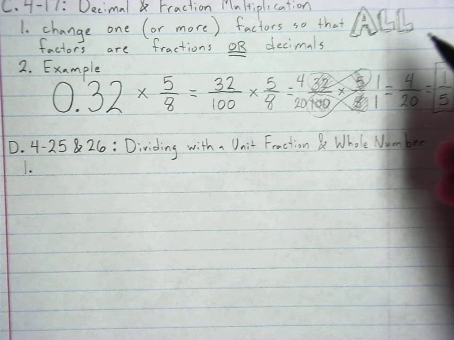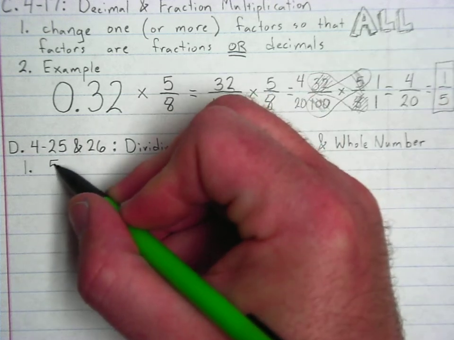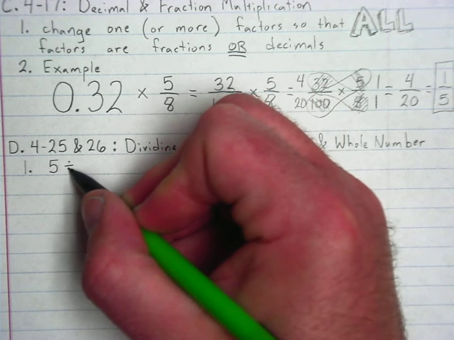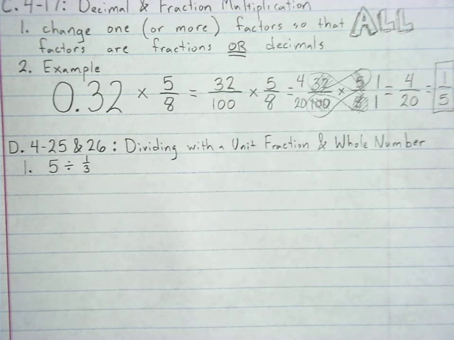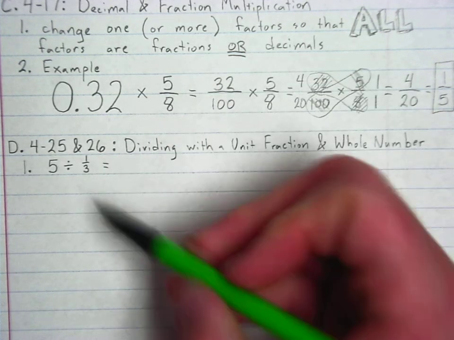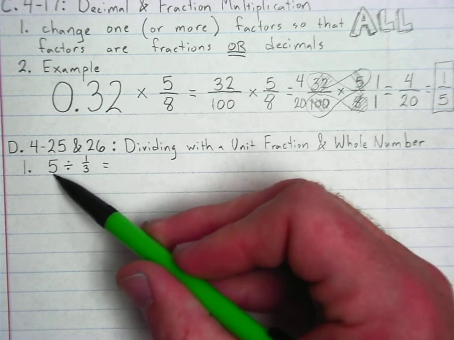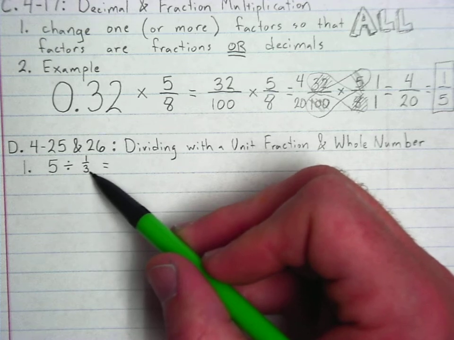For example, if I give you 5 divided by 1/3, and I'm going to write them a little smaller because we need to save some space for later. 5 divided by 1/3, I told you to multiply the whole number times the denominator.